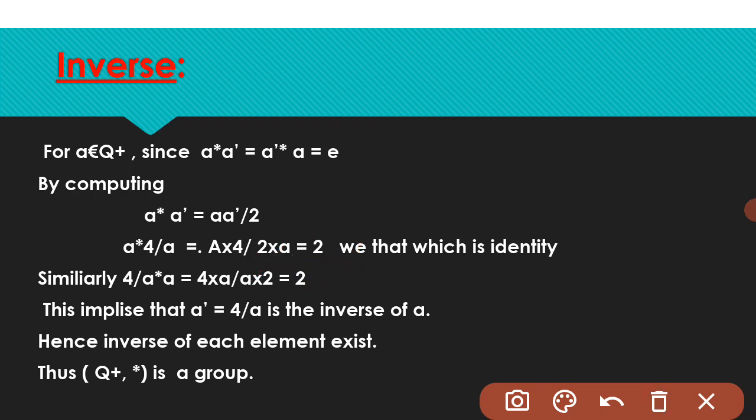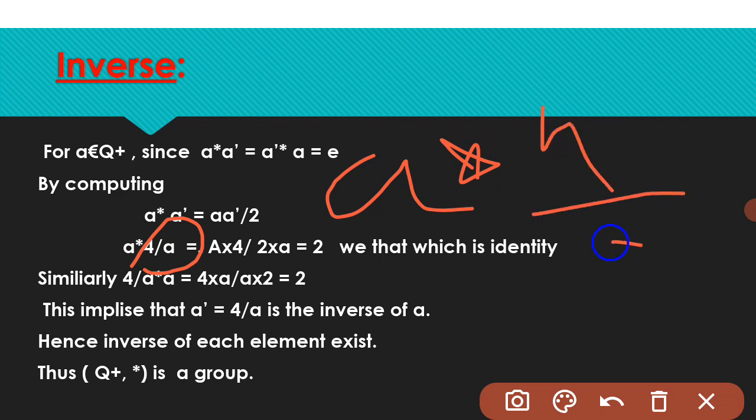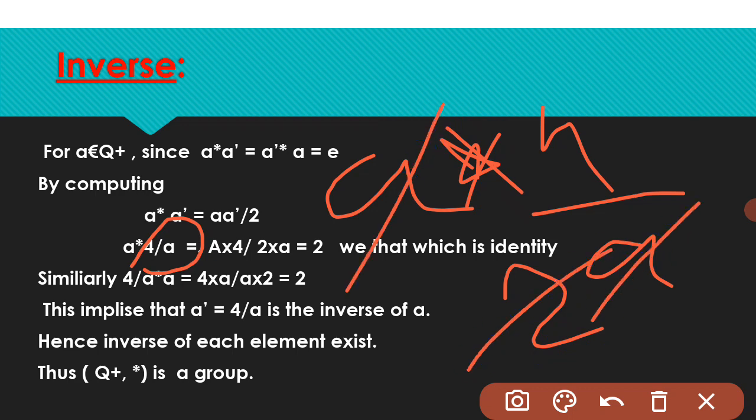It means to get the identity element, we have to think what would be the inverse of A. So the inverse of A should be 4 by A, because when we apply A star 4 by A, by the given condition A multiplied by 4, and we take 2 in the denominator, A will cancel with A and 2 will cancel the 4 by the table of 2.